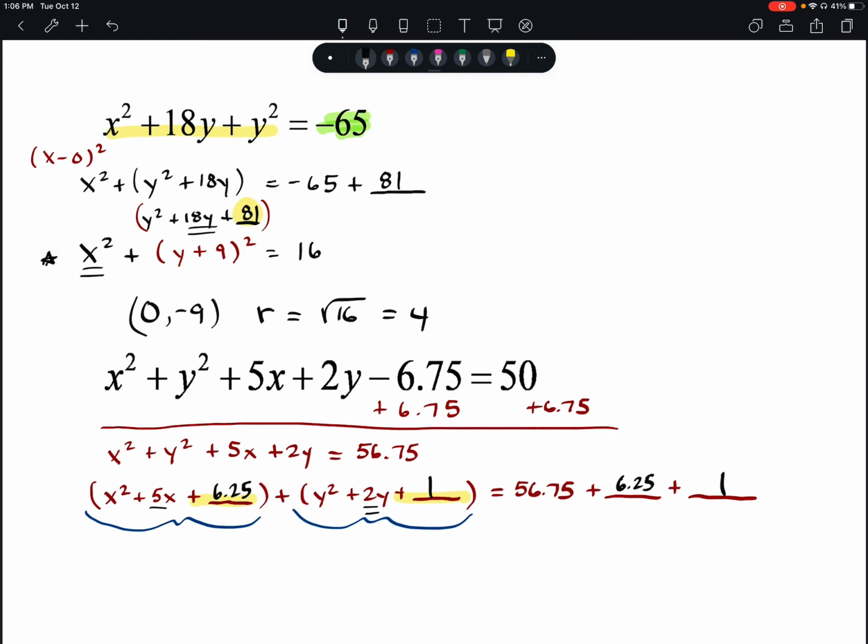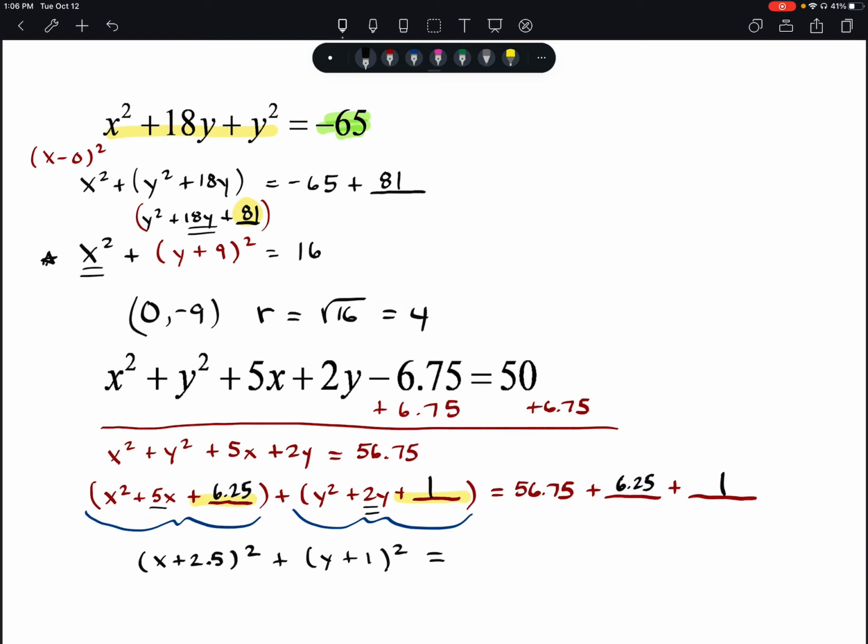This should factor into x plus 2.5 quantity squared. The second part there should factor into y plus 1 quantity squared.